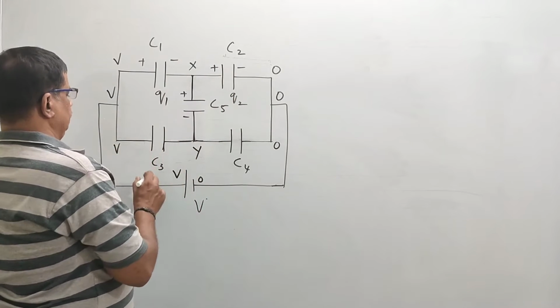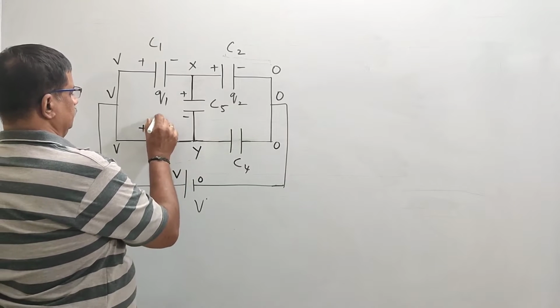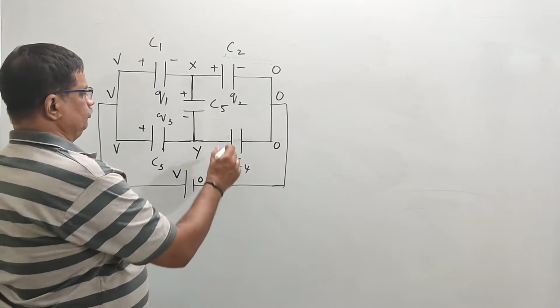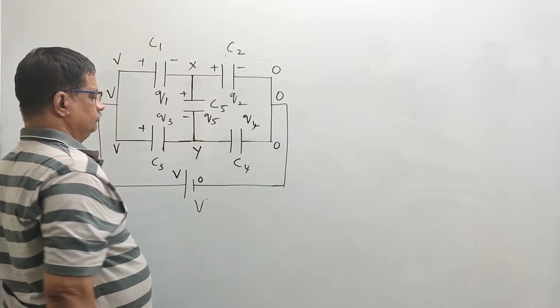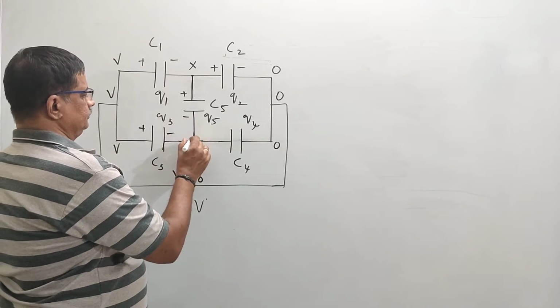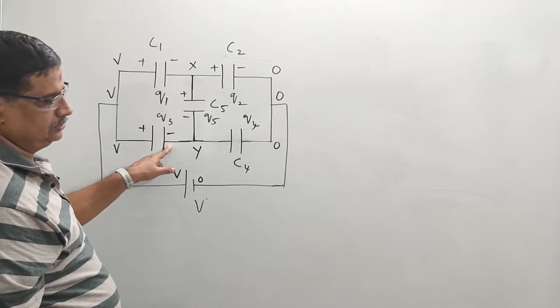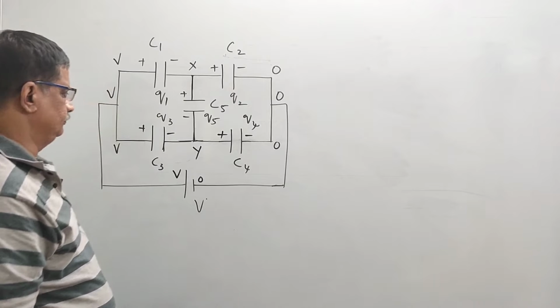Now let us come here. This one is already having a positive charge. This is Q3 and this has to be Q4. Then this one has to be Q5. Now let us mark the polarities. This is minus. From this plate charge is leaving, from this plate also charges are leaving. So this has to be positive and this has to be negative.